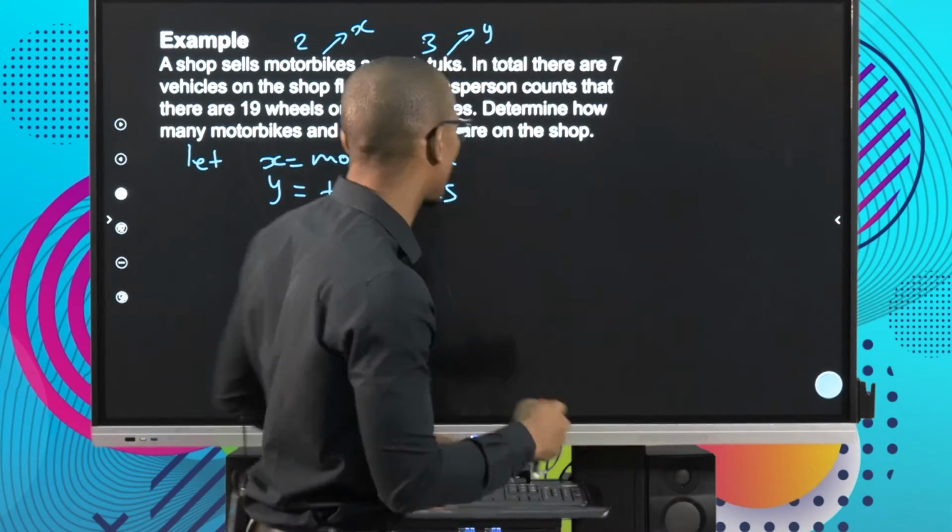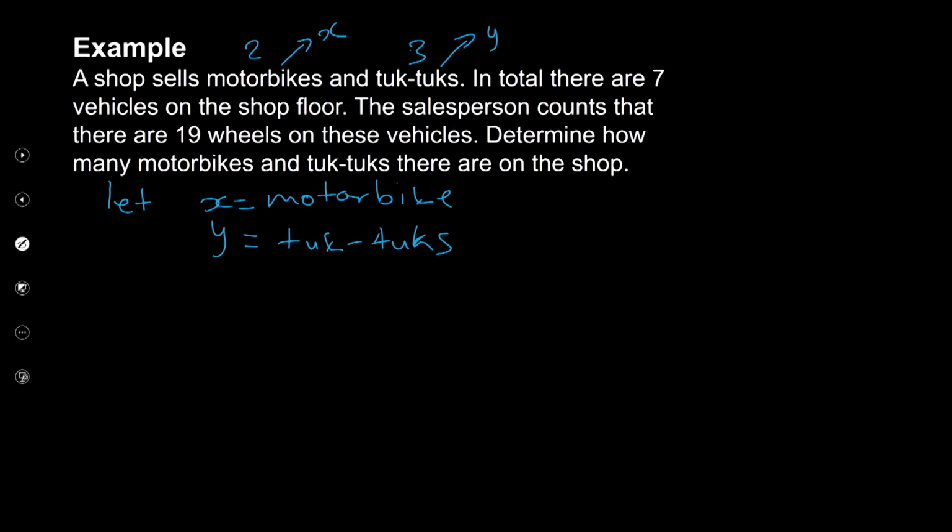So let's have a look at it. Now, what do I know? I know that in total, there are 7 vehicles, right? It means that X plus Y equals 7. The number of motorbikes plus the number of tuk-tuks must equal 7.